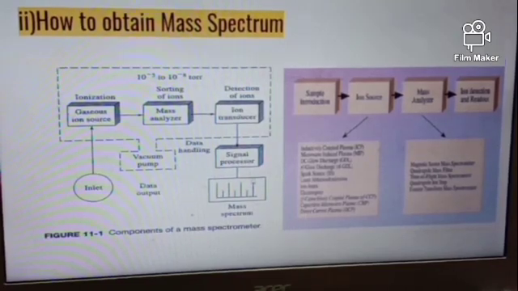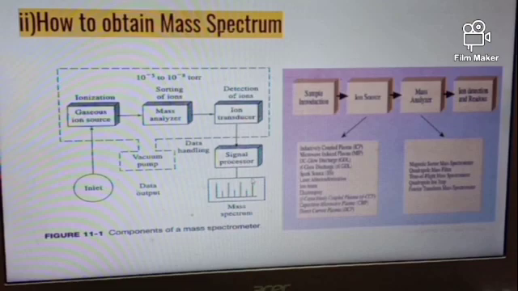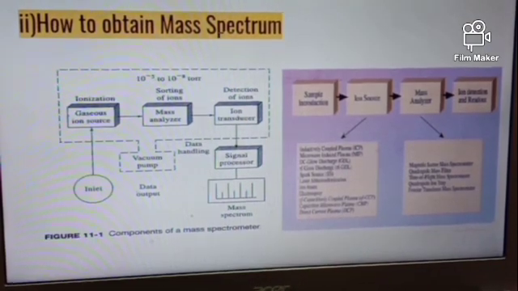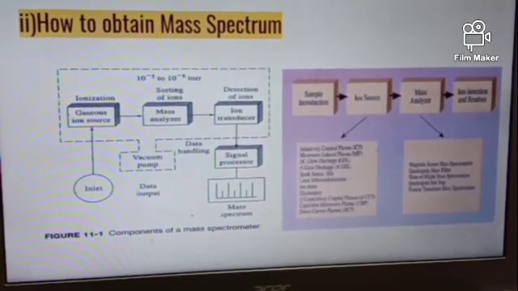Low pressure ensures infrequent collisions in the mass spectrometer to produce and maintain free ions and electrons.